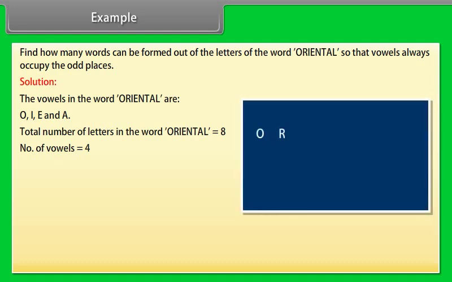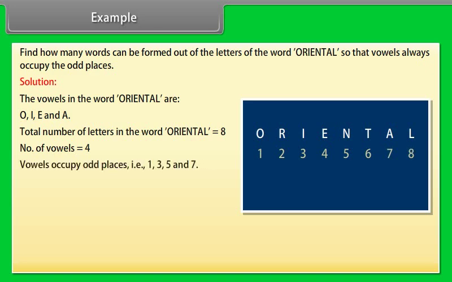O, R, I, E, N, T, A, L. 1, 2, 3, 4, 5, 6, 7, 8. Vowels occupy odd places, that is 1, 3, 5 and 7. Number of odd places is equal to 4.